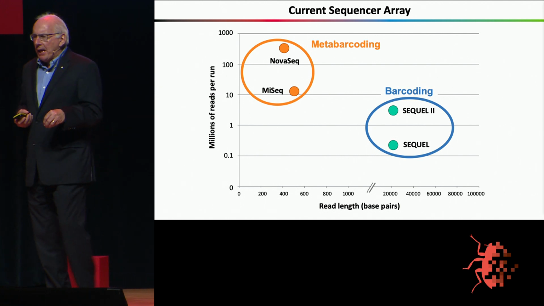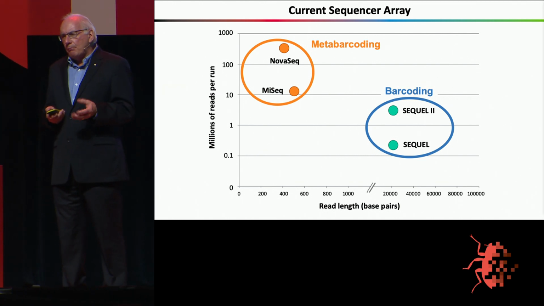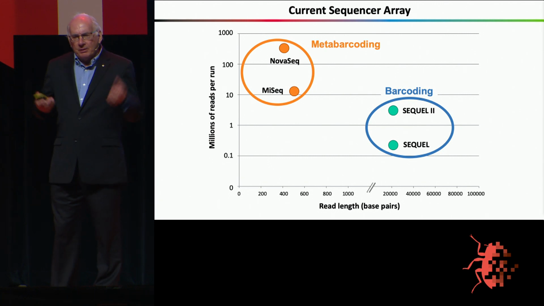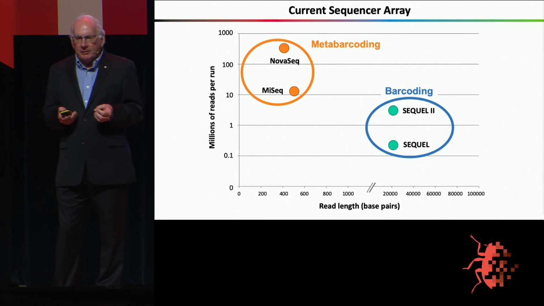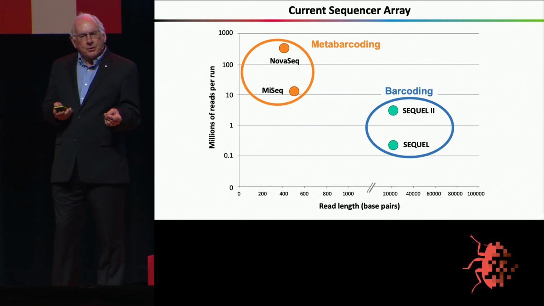The Sequel platforms generate many fewer sequences, maximum 3 million per run, but the sequences are 50,000 base pairs long. And you might say, we're barcoding, why do we need to know that? Because the error rates in these sequencers are quite high.